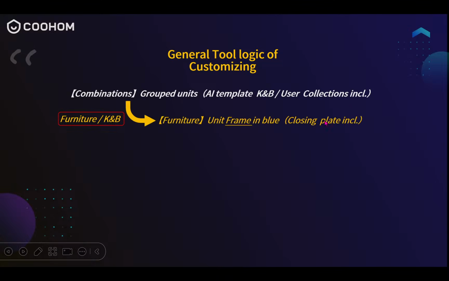And the key thing is the furniture, also known as the product catalog. The product catalog will always be marked out in the frame in blue. So this is the main body. You can take it as the main body, and then just don't forget we have some closing plates, such as end panels and back panels.